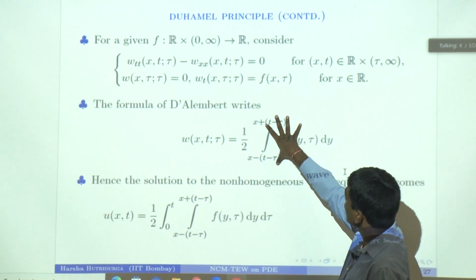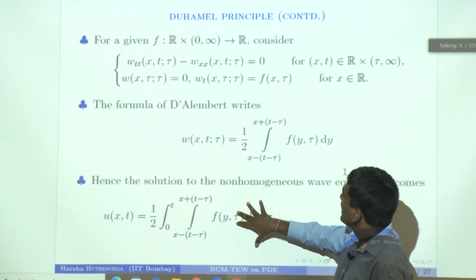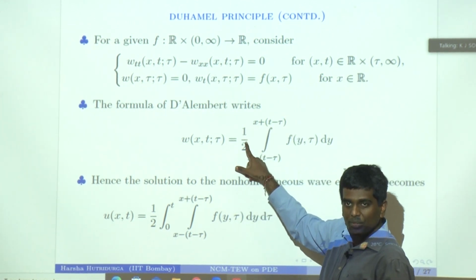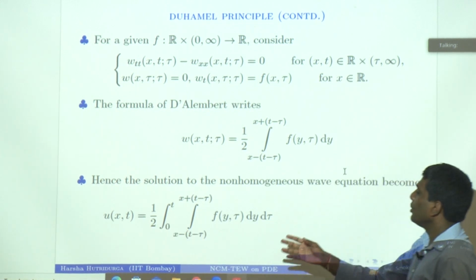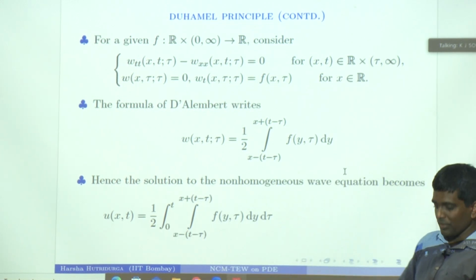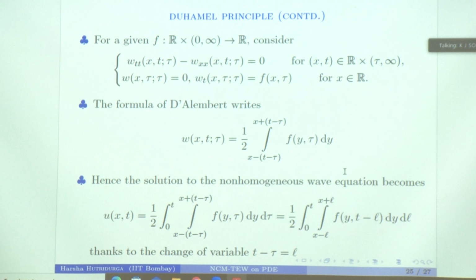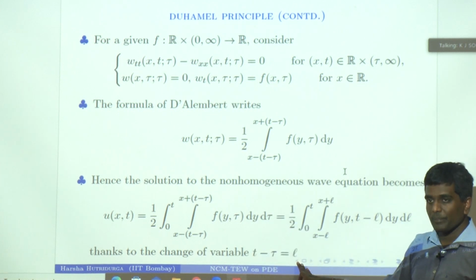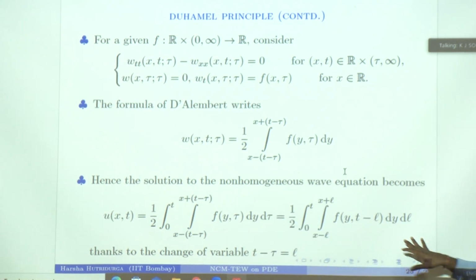We have simply integrated this in the tau variable, and that half was there from the D'Alembert formula, it stays on. Now this may look ugly, so we make a change of variable. We call t minus tau as L, so a somewhat simpler looking expression comes, but they are one and the same. You get this expression.